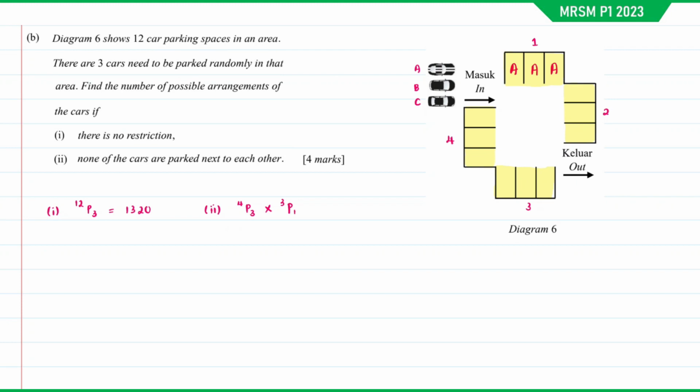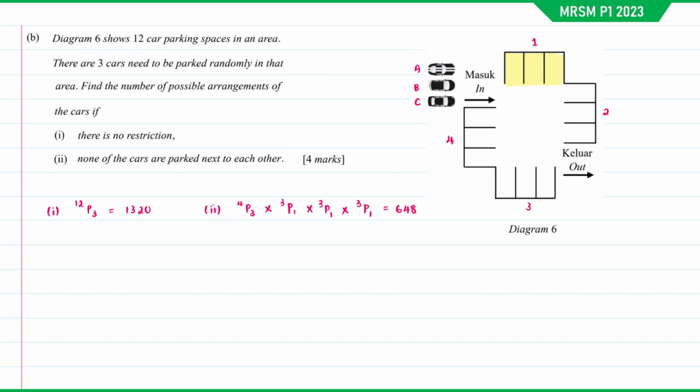Then for car B and C, the same arrangement will apply. Then we're going to multiply 3P1 for car B and 3P1 for car C. So the arrangement for the scenario number 1 will be 648.